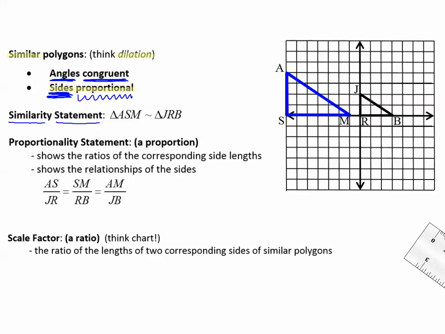The similarity statement has just the squiggly because not as many things are equal. So the angles are still congruent, but now the sides are proportional.